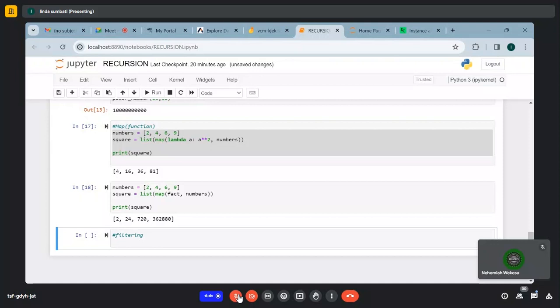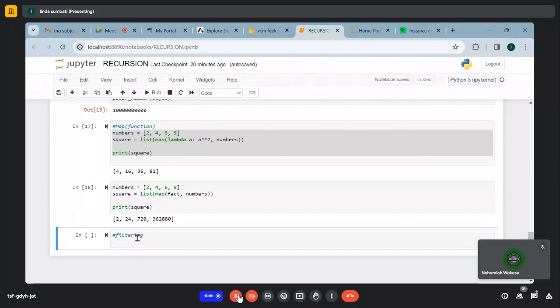The filter function always filters out those that do not satisfy the condition. The result is a filter object, an iterable object, so you still have to introduce the list so that it prints out what you wanted.